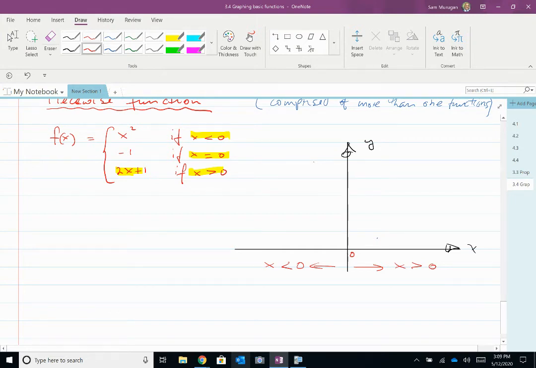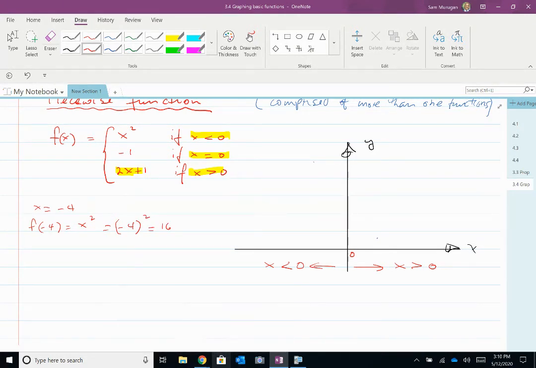So if I pick x equal to -4, then I would need to substitute in the equation for x squared, because in this particular case x has to be less than 0, and -4 is a number less than 0. So f(-4) is equal to x squared, which is equal to (-4) squared, which is equal to +16.